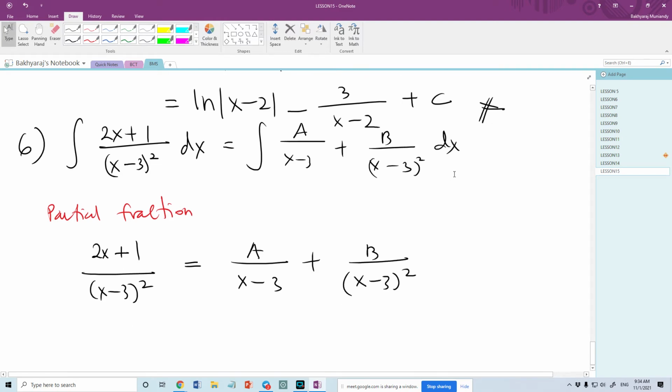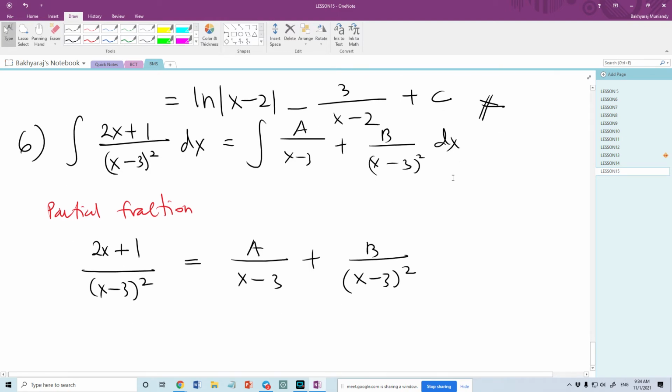Okay, so once we know this, now I need to get the numerator. What is the numerator? The numerator 2x plus 1 must be equal. Since this one, we need to expand with another x minus 3, so I get a times x minus 3 plus just b, because this part is already square.